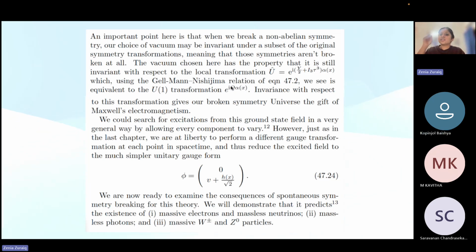So that is why we distinguish between hypercharge and electromagnetic charge, because you can see that Y is not equal to Q. It's Y by 2 plus isospin, with the Pauli matrices all together giving Q, right? So this e to the power iQ symmetry is what leads to Maxwell's electromagnetism.